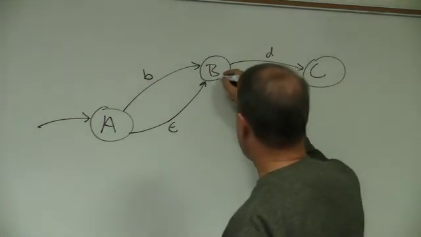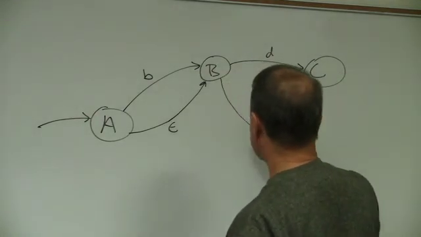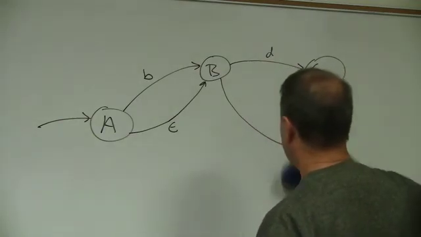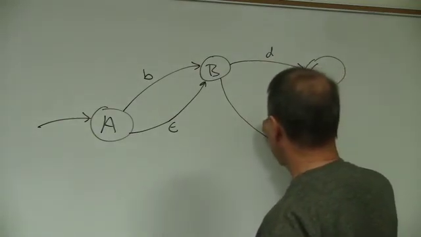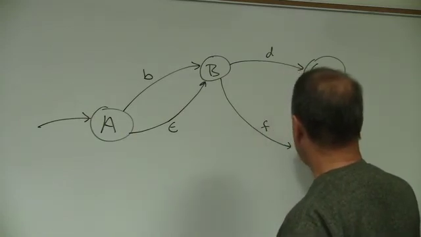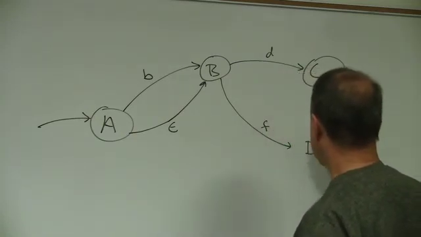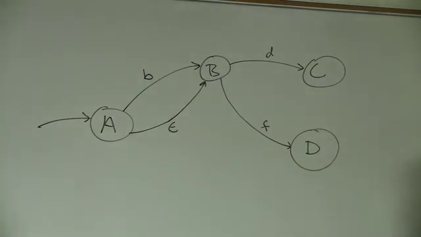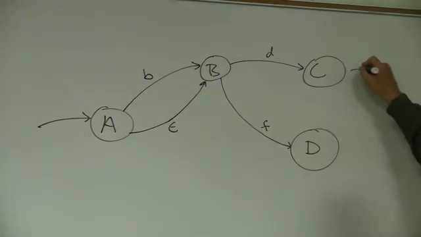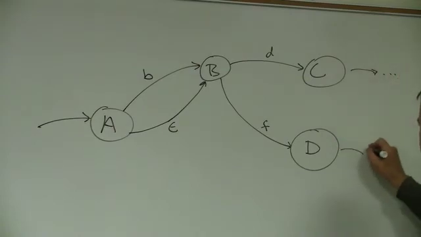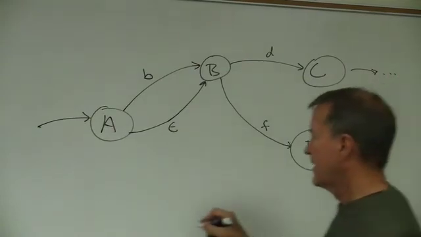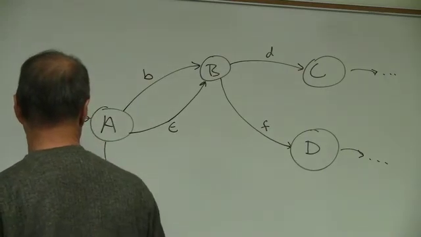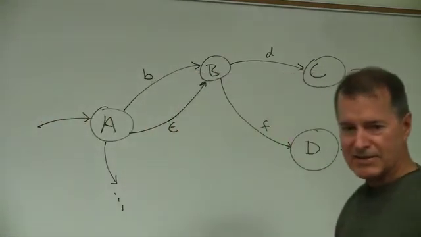Actually, let's suppose that little e, and now let's make this F, and let's suppose that little f will take us to state big D. Let's just imagine, and then there's more. This is all just part of a big finite state machine.